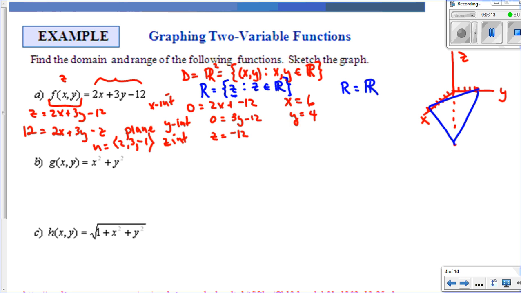Okay, so now the next equation. I want the domain. What possible values for x and y can I put in so that you will have a z value defined? Well, you can put any x and y values in and you will get a unique z value. So this is a function. Of course, it's in function notation, and the domain is also all real numbers.